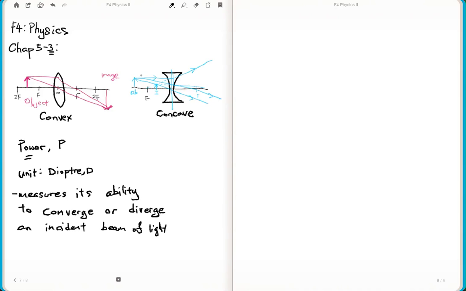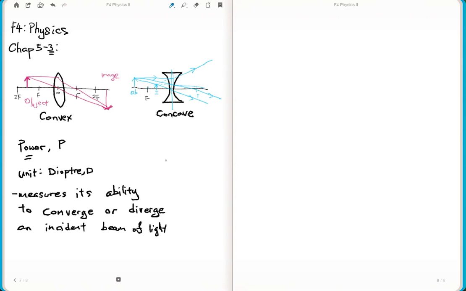You have light incident, light converges, or this one diverges. Converge, you get a real image; this one, you get a virtual image.